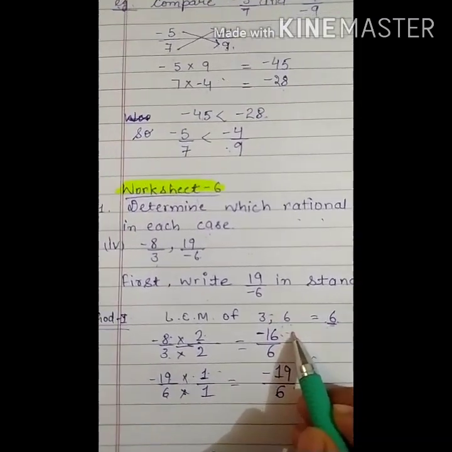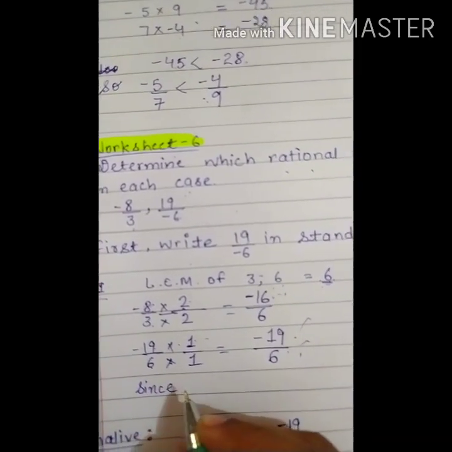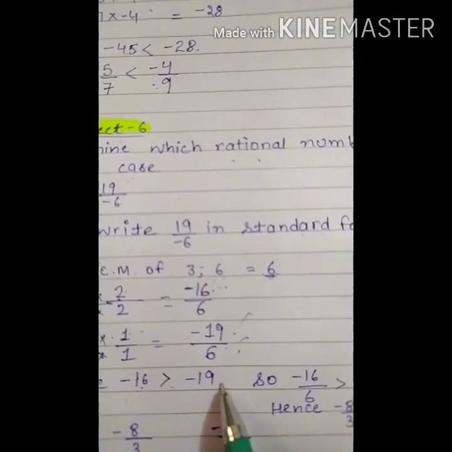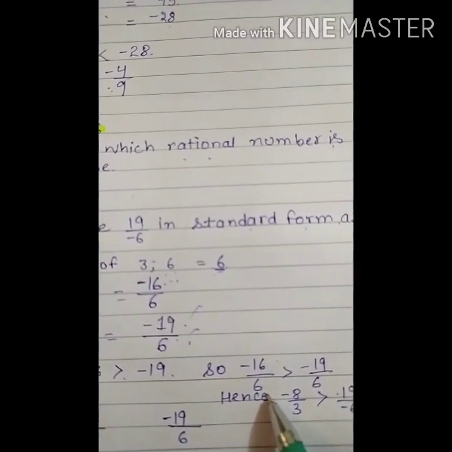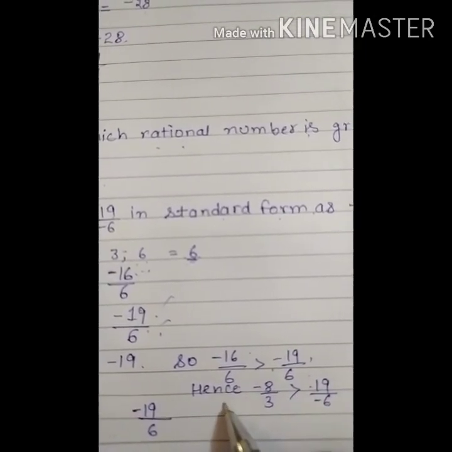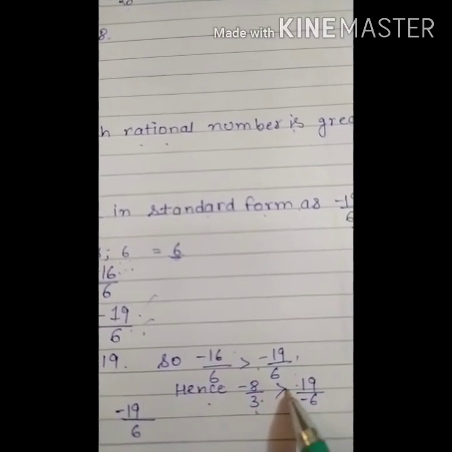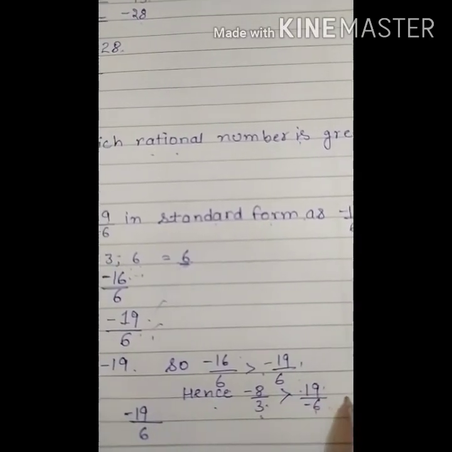Since -16 is greater than -19, so -16/6 is greater than -19/6. Hence -8/3 is greater than 19/-6.